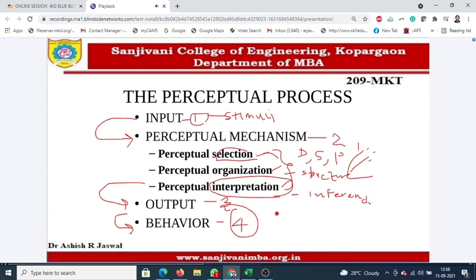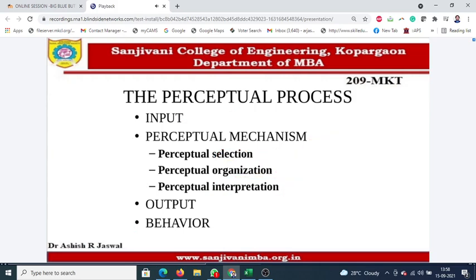So we try to understand that is there a difference between perception and sensation? Answer is there is a difference between consumer perception and sensation.